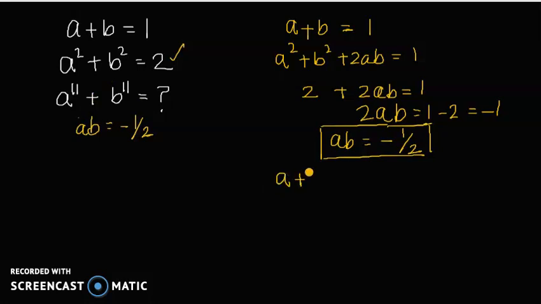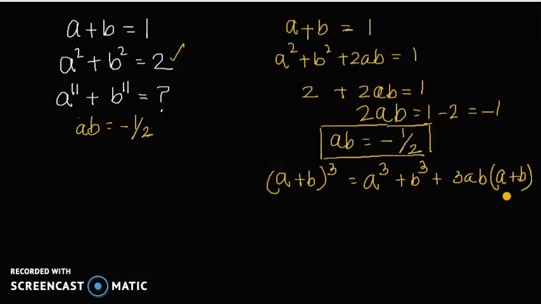A plus b whole cube, as you know, is a cube plus b cube plus 3ab times a plus b.